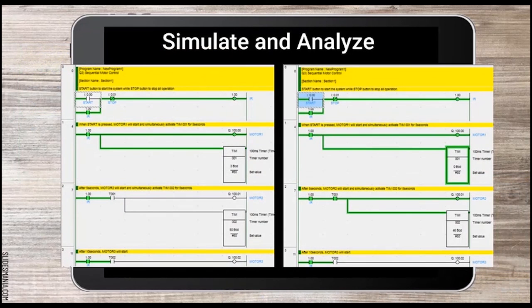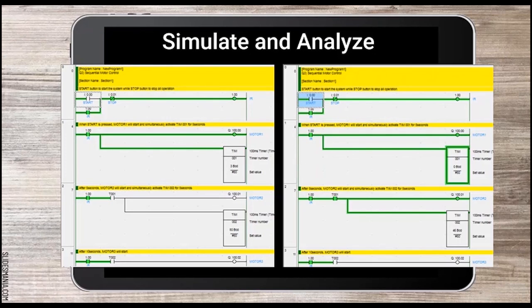And now we are at the simulate and analyze part. In the left diagram, when the start button is pressed and released, at rung 0, the internal relay coil is active high, and the internal relay normally open contact will close and allow current to flow even if the start button is released. At rung 1, motor 1 will start running and activate timer 001 for 5 seconds.